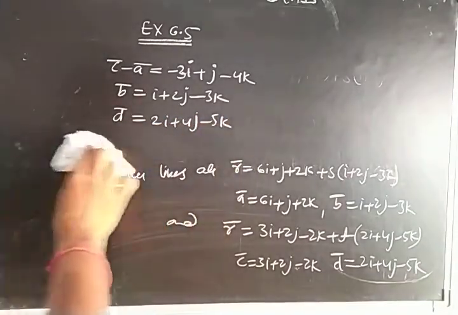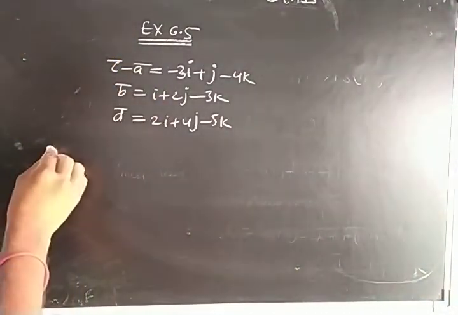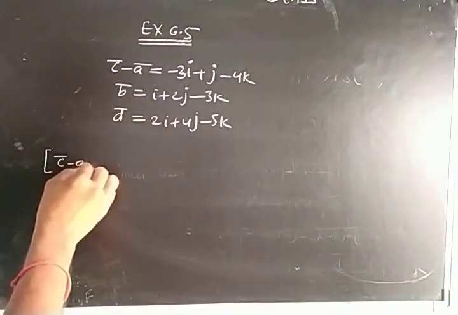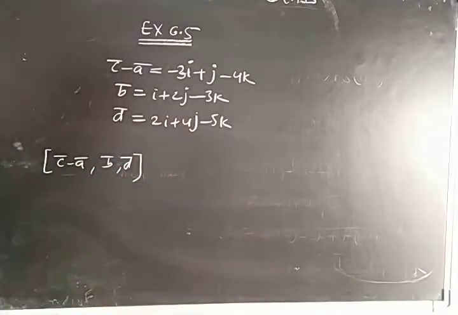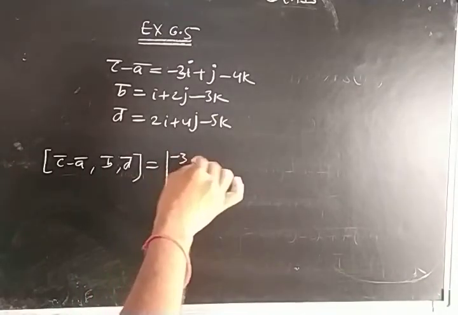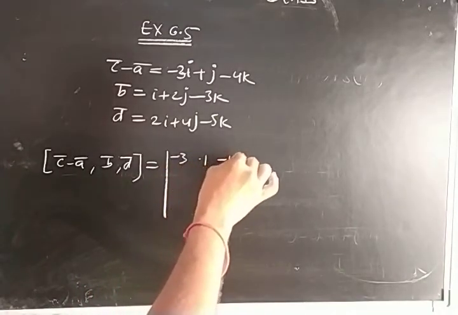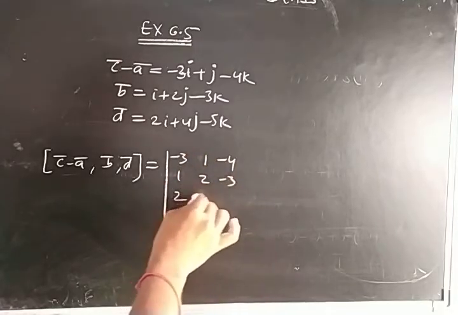Now we have to find the bracket of these three vectors: c bar minus a bar, b bar, d bar. Bracket means scalar triple product, right? I am finding the scalar triple product by taking the components 3, 1, minus 4; 1, 2, minus 3; 2, 4, minus 5.